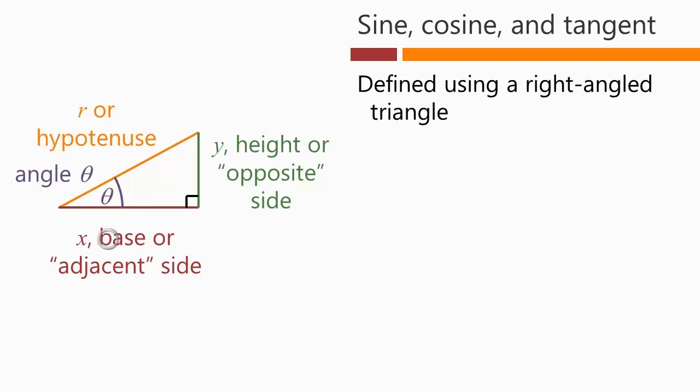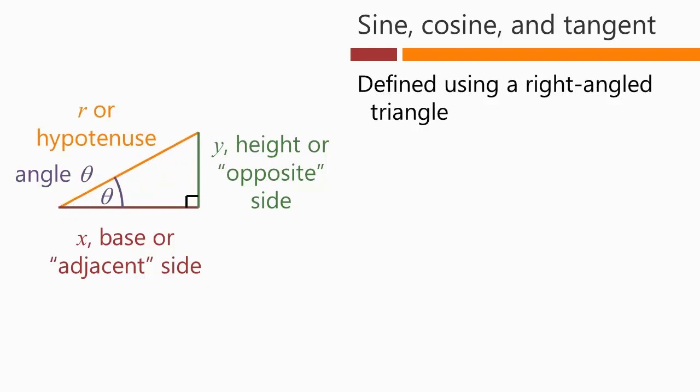This base is also in trigonometry sometimes called the adjacent side because it's adjacent to the angle. That means beside the angle. And this side here is sometimes called the opposite side because it's opposite to the angle. The angle here is theta. And then the line between these two is called the hypotenuse.